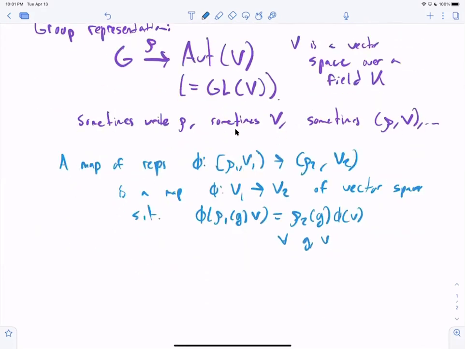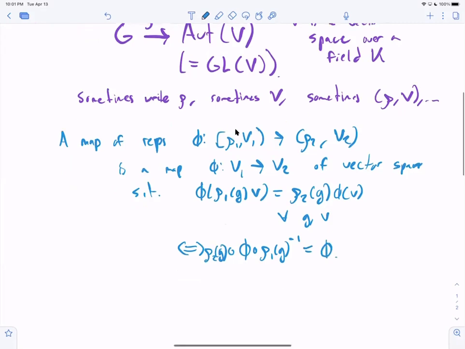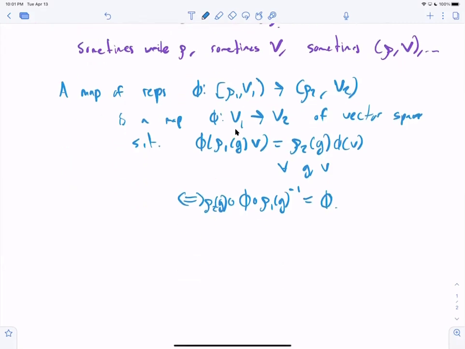Another way to write this is, if and only if phi composed with rho_1 of g, and then rho_2 of g inverse, hmm, rather rho_2 of g composed with phi composed with rho_1 of g inverse is equal to phi. You can think of G as acting on this map between these two vector spaces.